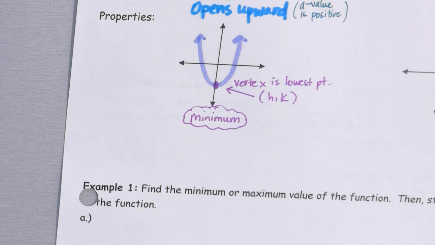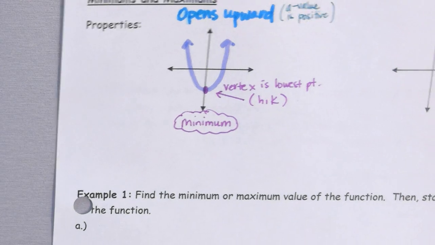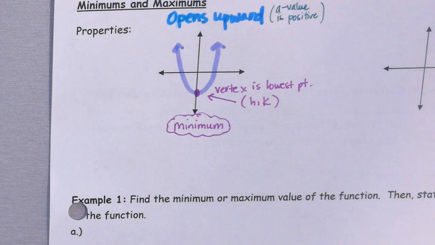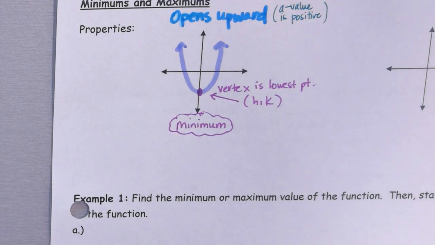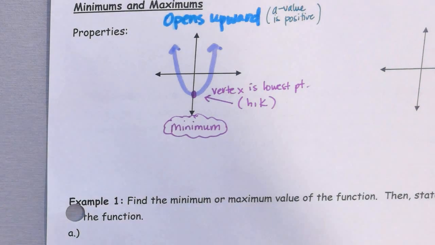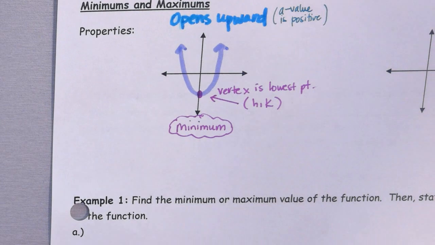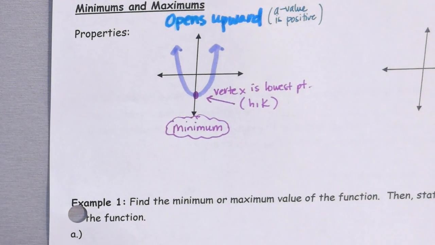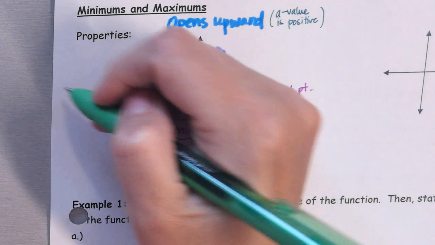So sometimes a problem is going to ask you to find the minimum or maximum value. If they ask you that, what they are specifically asking you to find is the minimum or the maximum. Let's see if this has some juice left.